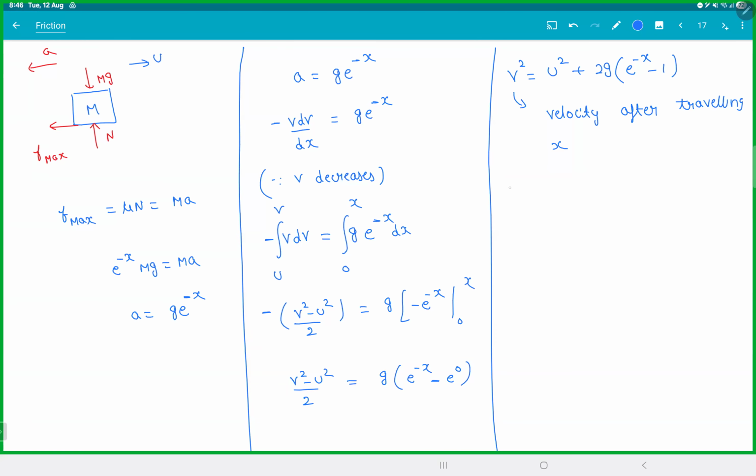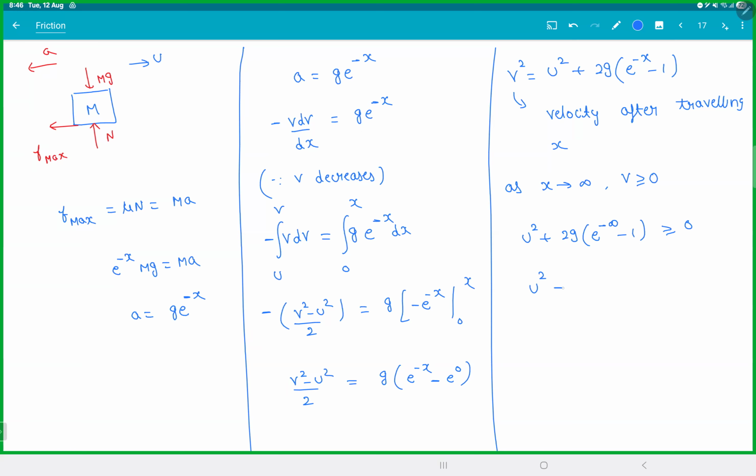Since you go to infinity, as x tends to infinity, v will be greater than or equal to 0 because you don't stop. Since you're not stopping, that means your velocity should never be 0. At infinity, it can become 0. So u square plus 2g into (e power minus infinity minus 1) must be greater than or equal to 0. e power minus infinity is 0.